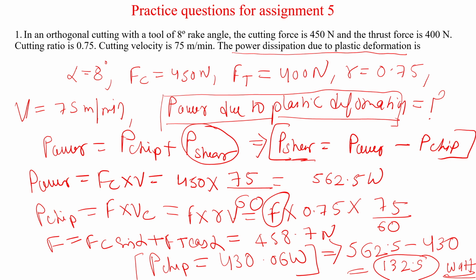But it has asked the power dissipation due to plastic deformation. This is clearly saying the power lost in the shear zone. So therefore you need to calculate total power and subtract the chip power. Total power is calculated by using Fc into V. You have been given everything. Now for chip power you need F into Vc. Vc is R into V, and for F you have the formula Fc sin alpha plus Ft cos alpha. You find the chip power, you have total power, subtract chip power from total power, and you will get the shear power or the plastic deformation power. Fine?